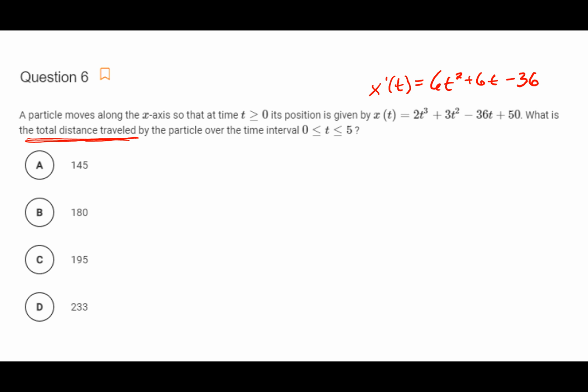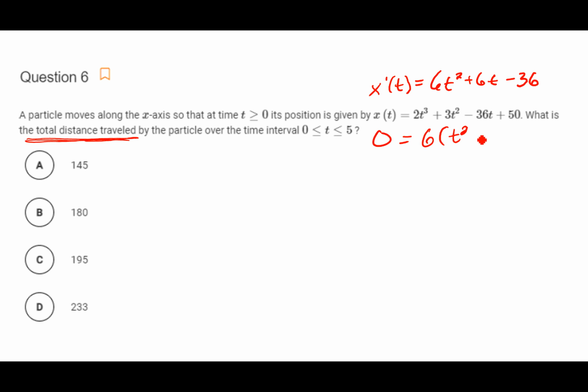So let's look at movement on this first derivative. All right, so this is the velocity function. Now we're working with movement. Let's figure out when our movement is 0, because velocity can be positive or negative, moving left, moving right. If I were to figure out where this is equal to 0, I could factor out a 6.